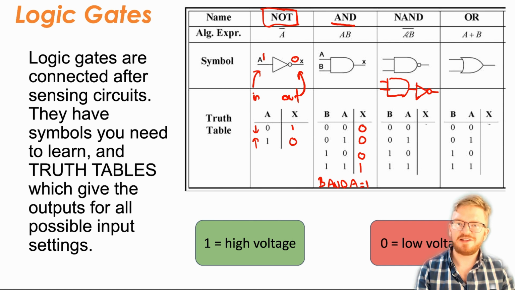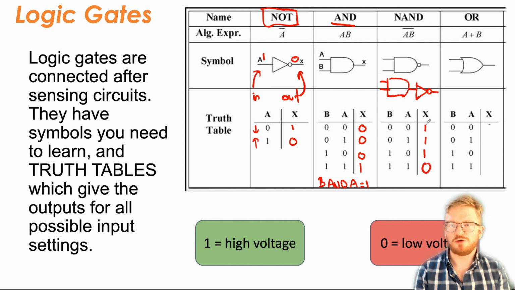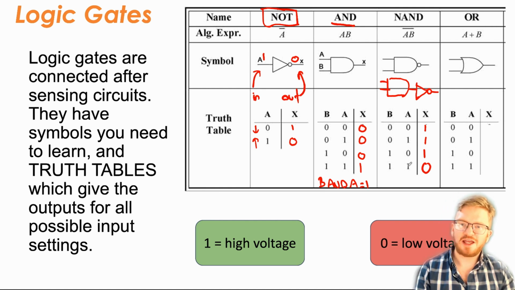What it effectively does is give you the opposite output of an AND gate. So it will give you a 1 here, a 1 here, a 1 here, and a 0 here. In other words, it will always give you a high voltage or a 1 in every case except when A and B are both true, because it takes the opposite of an AND gate.